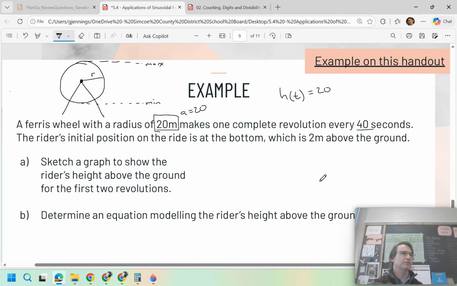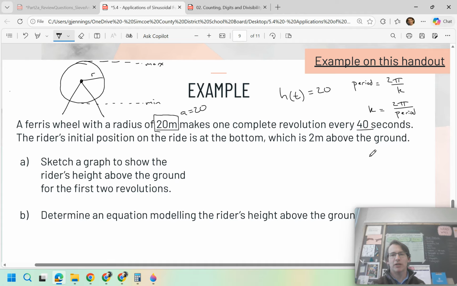Which one? How do we do that? Period equals, we have a mini formula, 2 pi over k. But the better mini formula to use here would be k equals 2 pi over the period.